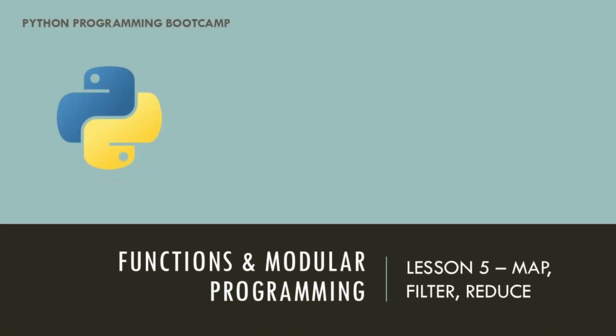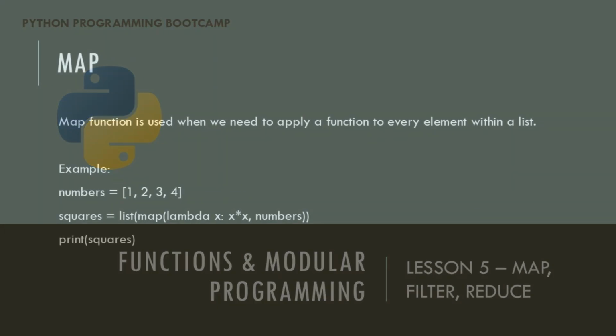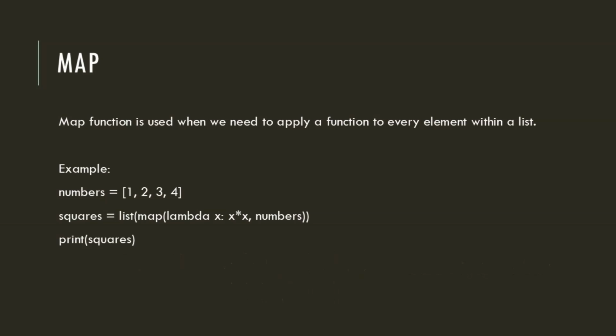In this lesson, we will take up three powerful functions used in Python for processing data: map, filter and reduce. These functions help process lists efficiently. First, map. The map function is used when we need to apply a function to every element within a list.